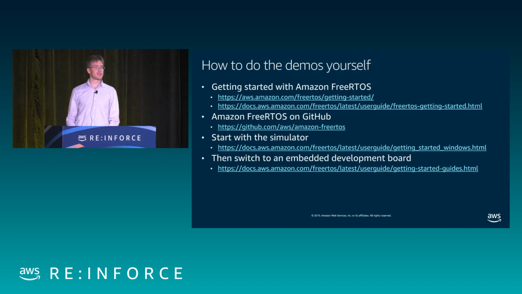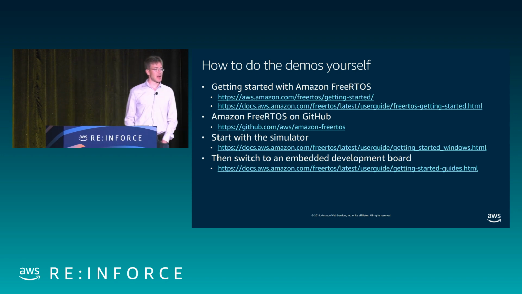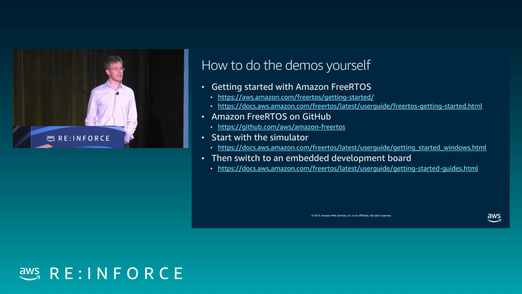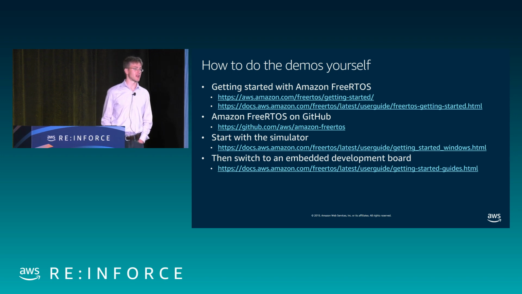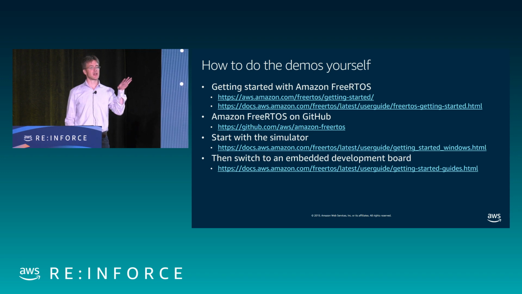Okay, how to do the demos yourself. The first step, I would say, is to take a look at our general Getting Started guide, which is the very first link that I have there, under Getting Started with Amazon FreeRTOS. That's agnostic of what platform you're testing or which of the demos you're running. That's how you generally get started with Amazon FreeRTOS and AWS IoT.